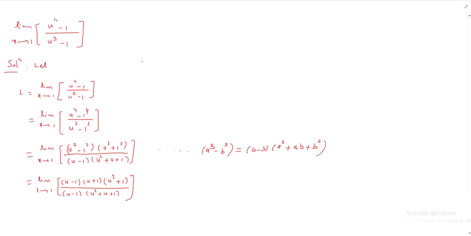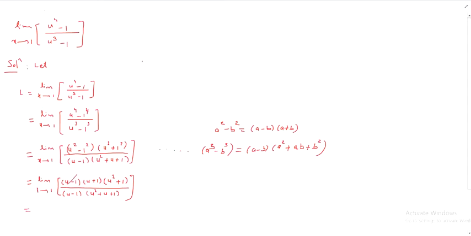You know this one, and for the numerator we have used this identity, a square minus b square is equal to a minus b into a plus b.